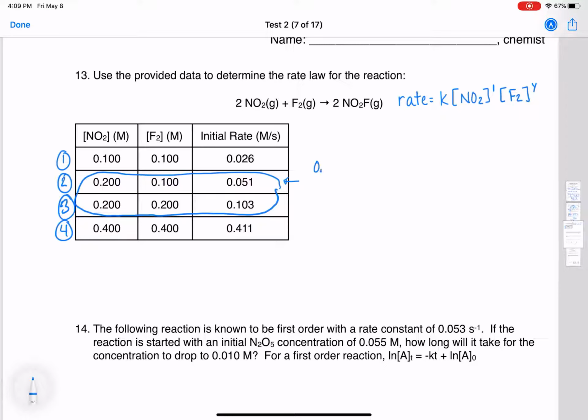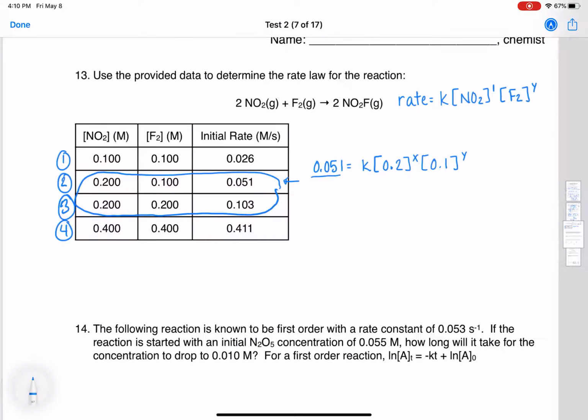So rate is going to be 0.051, and that is equal to our rate constant k times the NO2 concentration, 0.2 raised to the x, let's just keep pretending like we don't know what it is, times the F2 concentration, which is 0.1 raised to the y.